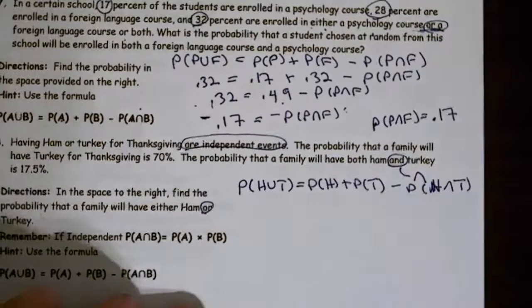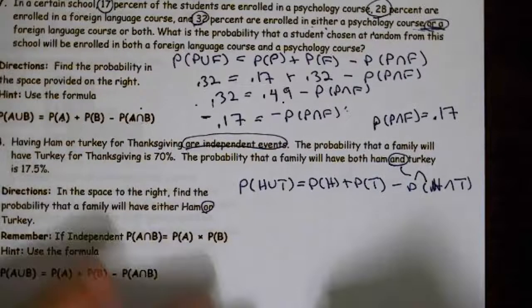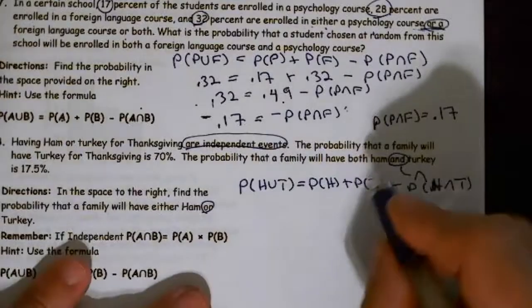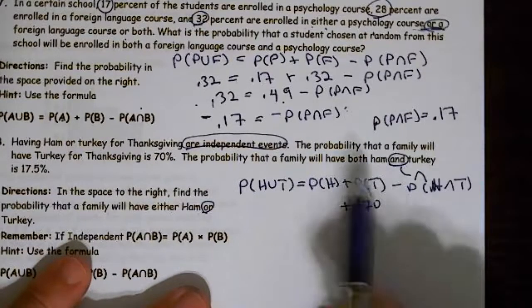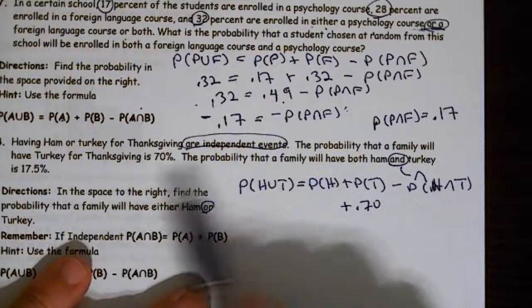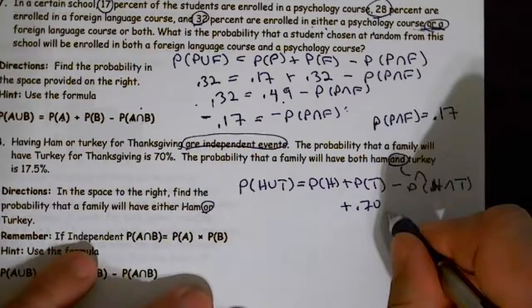So I'm going to start plugging into this. The probability the family will have a turkey for Thanksgiving is 70%, so 0.70. And the probability that they'll have both a ham and turkey is 17.5%.